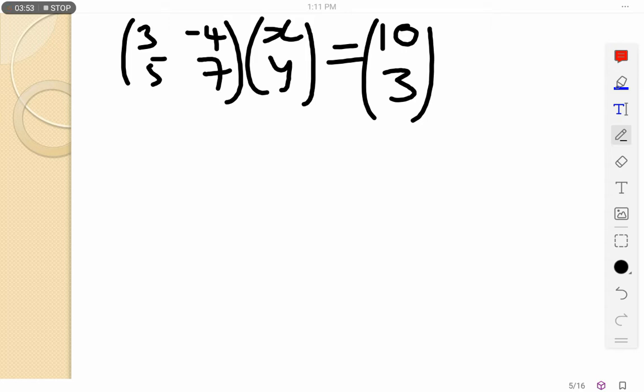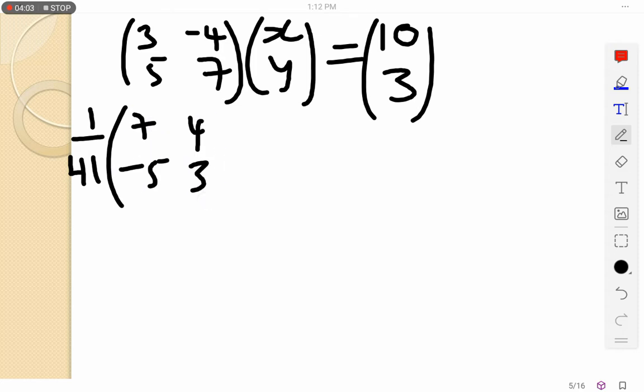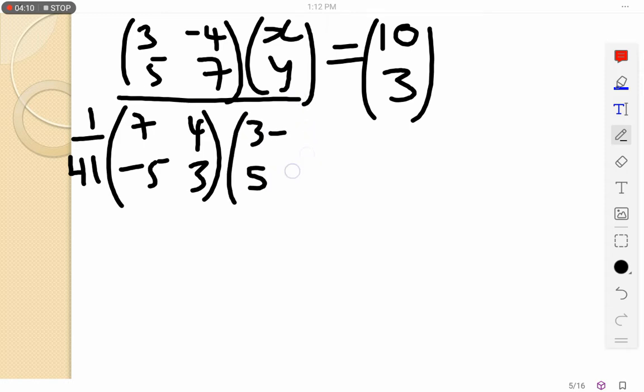Okay, introducing our inverse, we have 1 over 41 by 7, -5, 4, 3. Then we write what we have here. We have 3, 5, -4, 7. Then we have x, y.